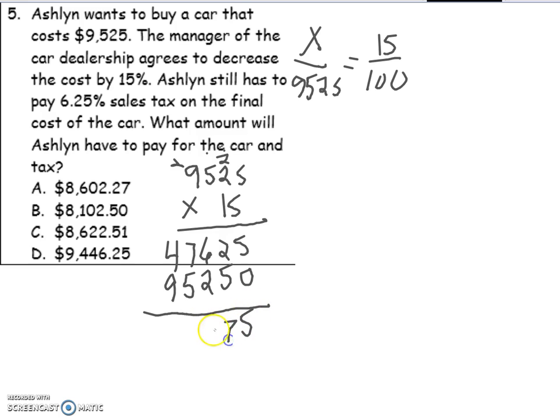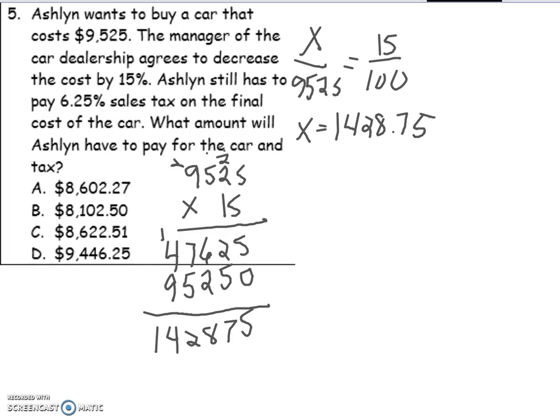Add it up. And we have 142875, but we have to divide by 100, and we're going to get $1,428.75.